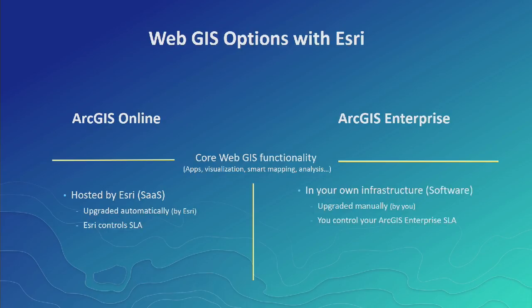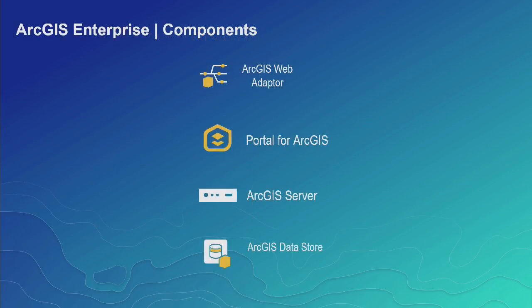For this presentation though, we're going to be focusing on ArcGIS Enterprise, and we'll be referring to the base ArcGIS Enterprise deployment. So some of you might be wondering, what is the base ArcGIS Enterprise deployment? What that is, is four different software components which were all available in previous releases. So you're probably familiar with some of these product names here, but now they're bundled together to form ArcGIS Enterprise.